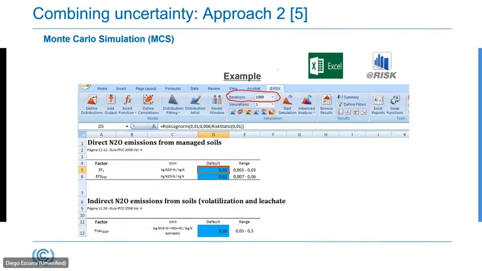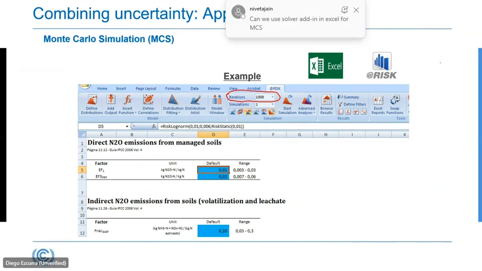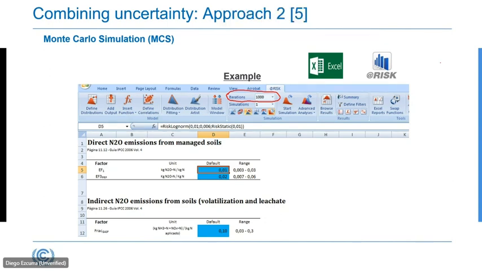In general, 1,000 simulations, 1,000 iterations, is good enough. There may be cases where you need fewer than that, and other cases where you need more iterations. But as a first choice, 1,000 is one of the default values for most software. Just as an anecdote, it happened to me that, depending on the size of the spreadsheet, the complexity, and the computer you are using, it may take some time if you put a lot of iterations there.